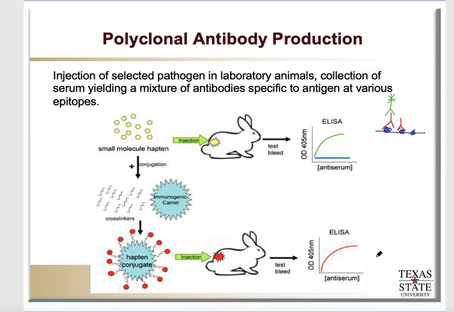And so one of the problems with polyclonal antibodies is that the mixture of antibodies that you get might not be the same from batch to batch, right? You're going to have changes depending on the antibodies that are being developed by that animal, and you don't really have control over the immune system of that animal.